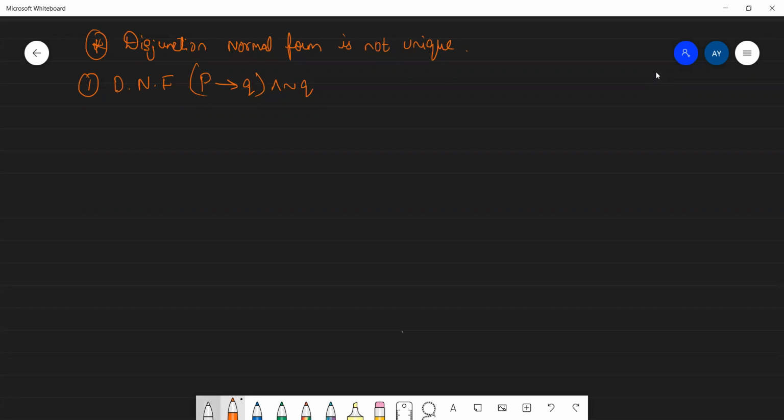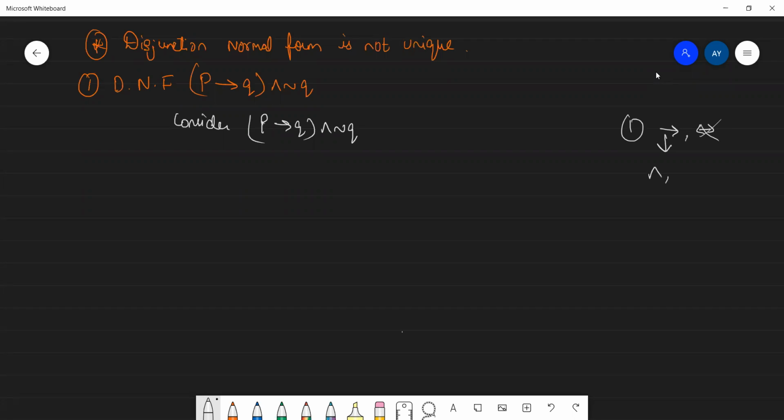Now we will do the following problem. Consider P implies Q and negation Q. What is the first step? Taking out conditional and biconditional. Here there is no biconditional, but there is a conditional. How should we remove this?